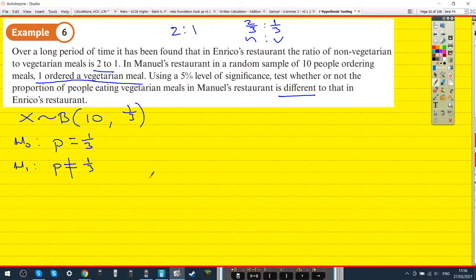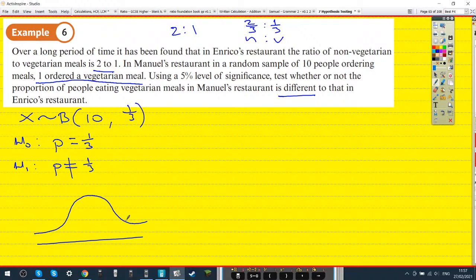So would you have the upper as 10 and the lower you just put a number in? Well, 1 person ordered a vegetarian meal, so it would be 1 as the lower. And the upper tail, would it be 10? Yeah. 0.98266.